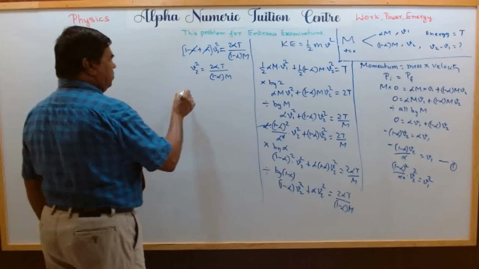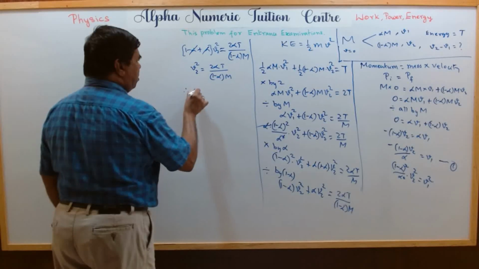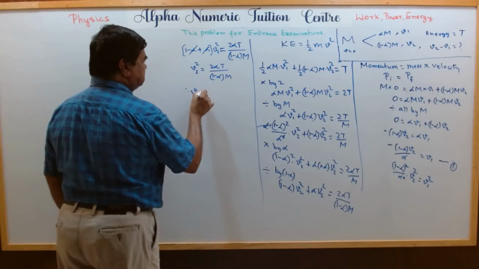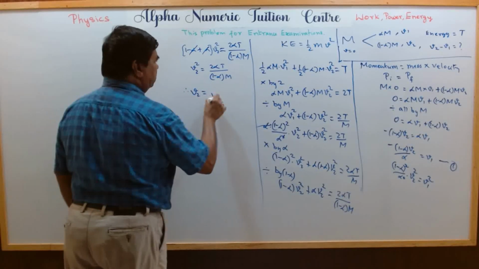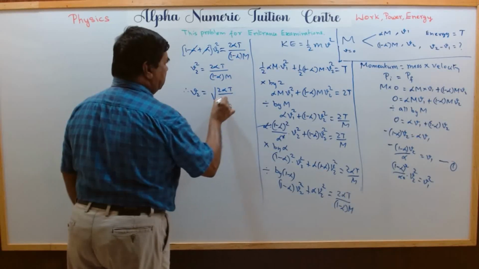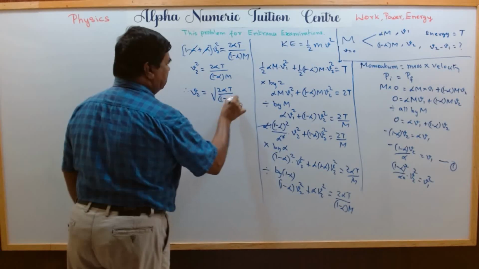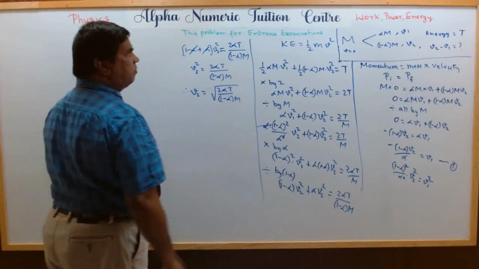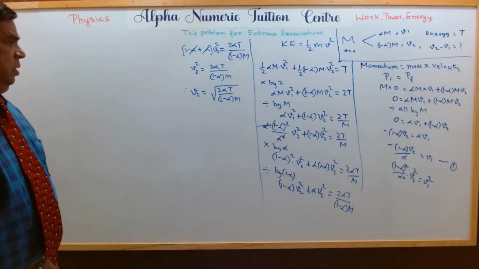This is v2 squared. Therefore v2 is equal to root of 2 alpha t divided by (1 minus alpha) into m.